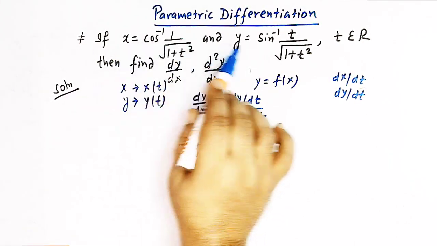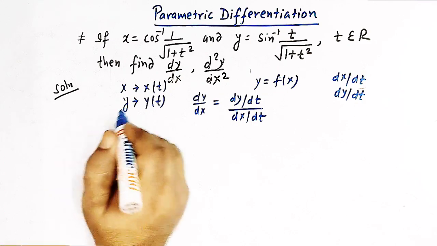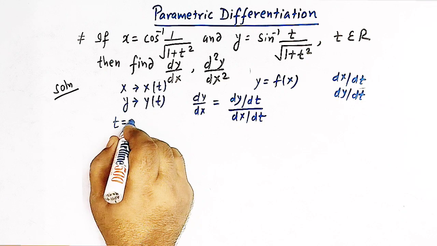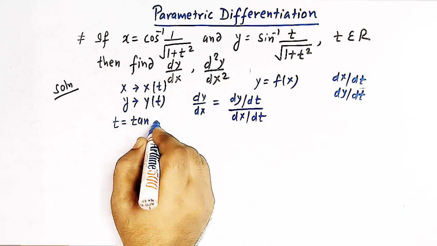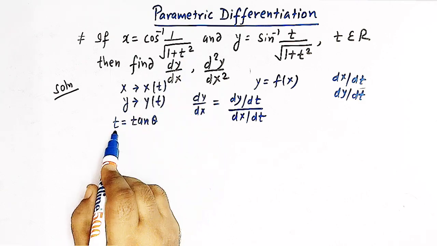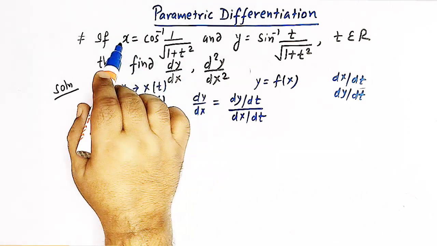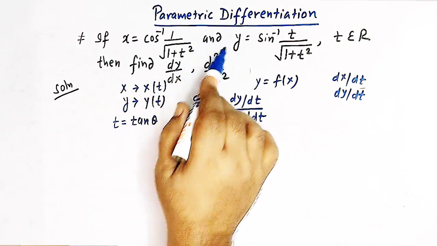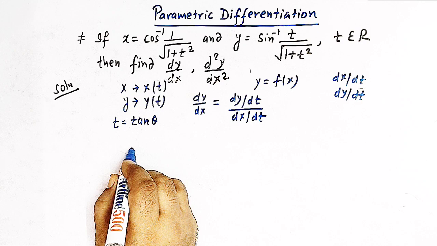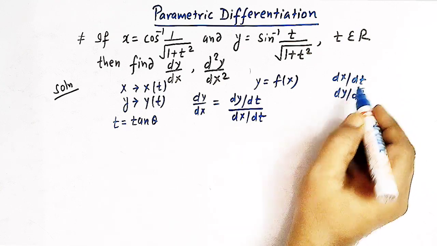To simplify x and y, the most appropriate substitution is t is equal to tan theta. Then we can simplify x and y, and easily find the derivative of x and y with respect to t.